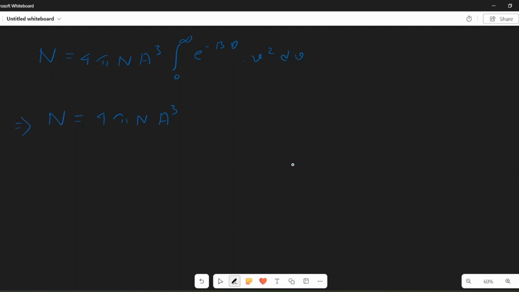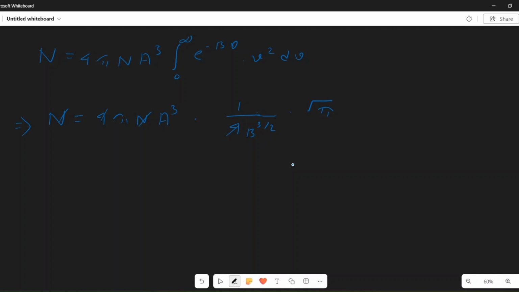Now we already found this thing, that is 1 by 4 b to the power 3 by 2 into root of pi. Now look at this scenario, that will be cut off.